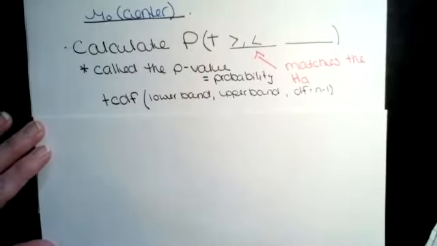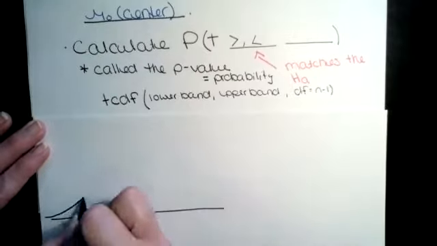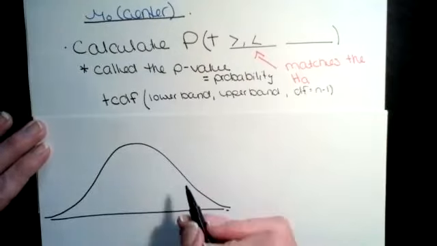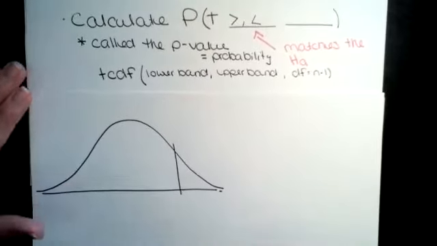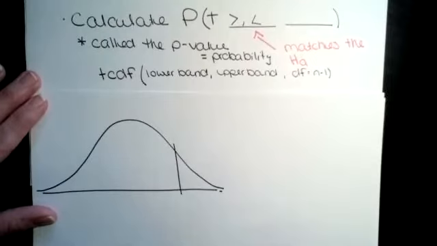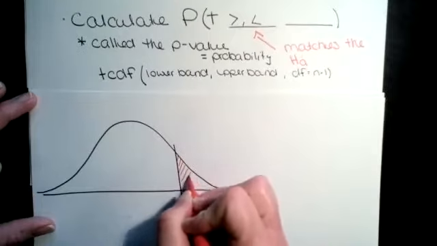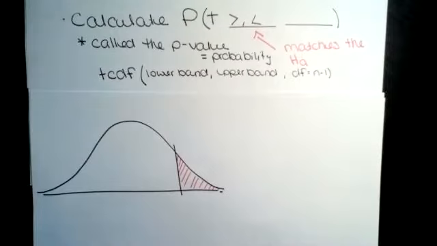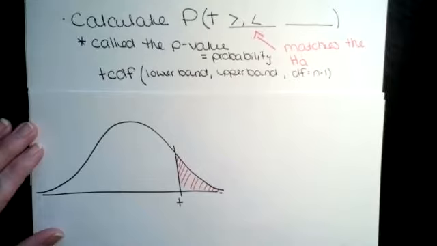So remember we have 3 scenarios, right? Let me draw out my curve. My first scenario, I might have a greater than. And what we're calculating is this area greater than my value right here. So this is my t test statistic, and I'm calculating the area to the right.